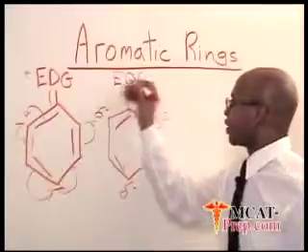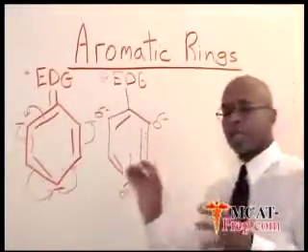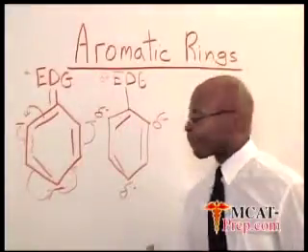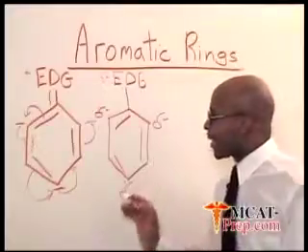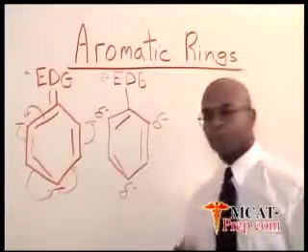On average, the electron donating group ends up being delta positive, and these particular positions end up being delta negative. These positions are the ortho and para positions.